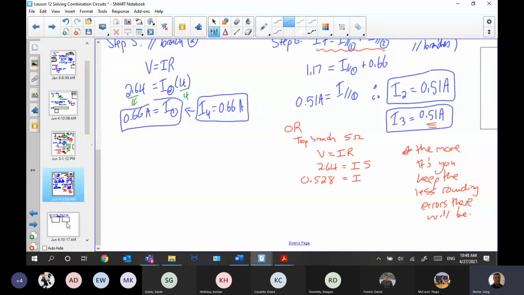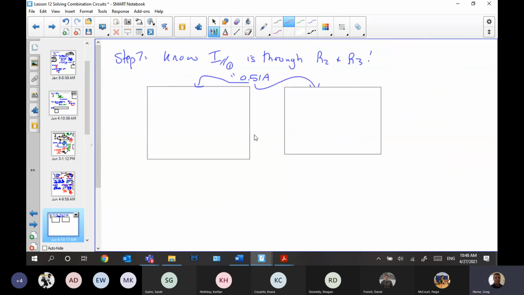I wonder if we start keeping 5 or 6 or 7 decimal places all the time, I suspect we're probably going to get the same answer regardless of how we go about calculating it, because this is now saying the current is 0.528 because I calculated it in a different way. It's a bit bothersome, but actually it's okay, basically is what I'm trying to get at.